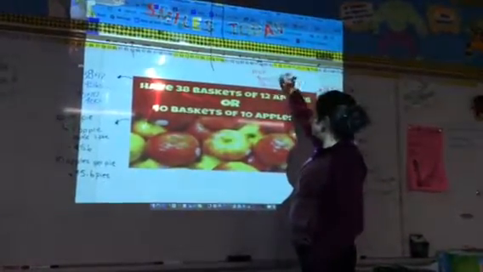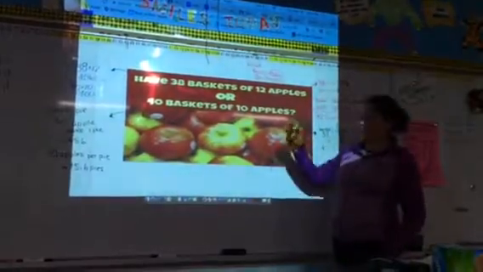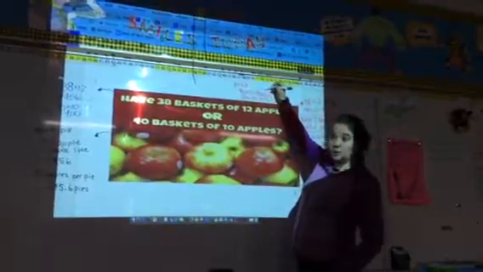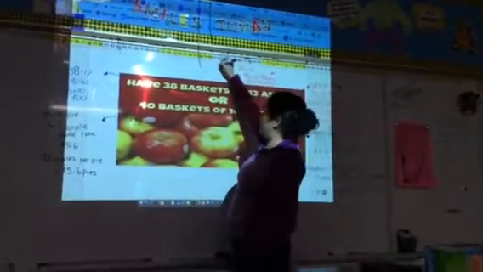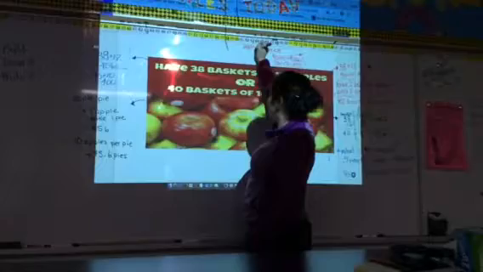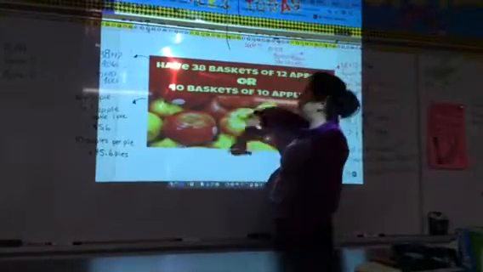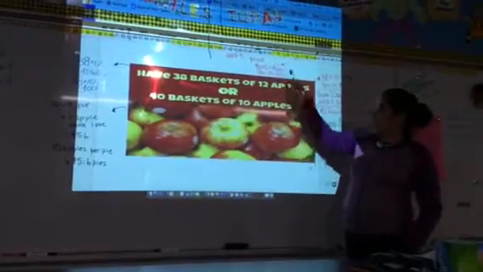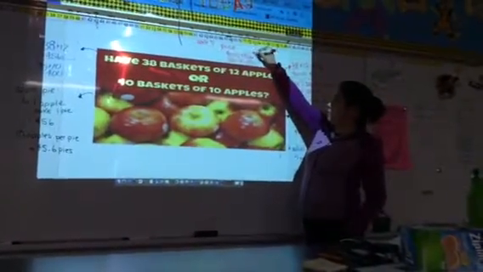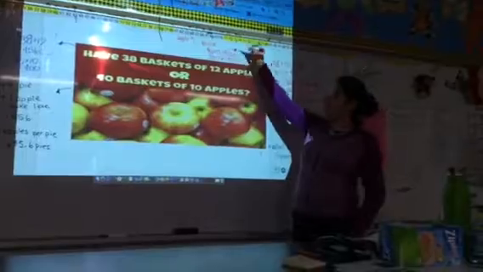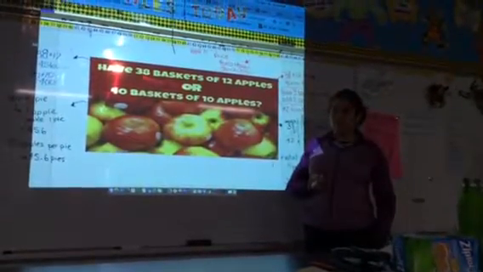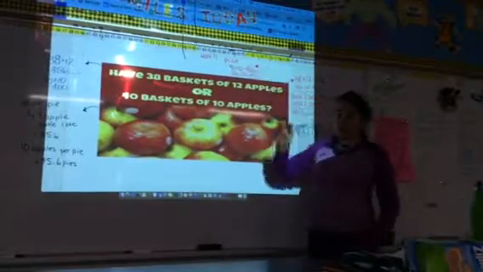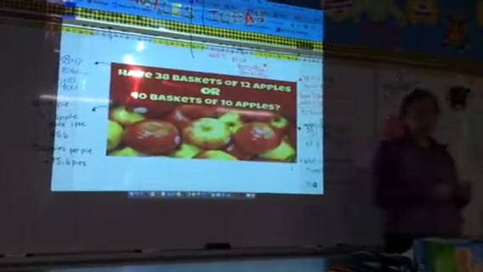Yuji's looking at the apples and saying, if I'm buying them, maybe I want to buy this one because it's cheaper, right? Let's say each apple is $1, and I'm buying apples. How much am I going to save myself by buying the 40 baskets? $56, that's right. So maybe this is my choice. Excellent, good way to look at it.